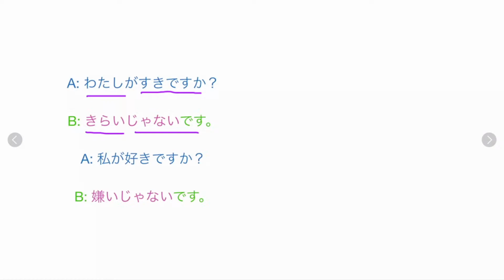And that's just being polite, but it's their way of saying, they're not agreeing with you. They're not saying, yes, I do like you. So you're being rejected, but they're being nice about it. So when you say watashi ga suki desu ka? Kirai janai desu. Well, I don't hate you. Okay, so this is how it would work. Kirai janai, right? So you had your adjective kirai and then janai.